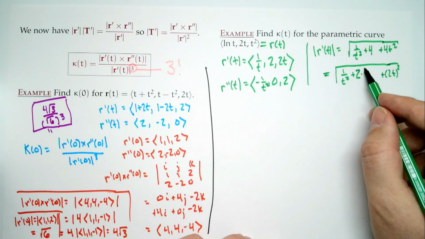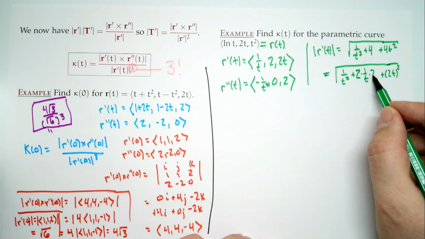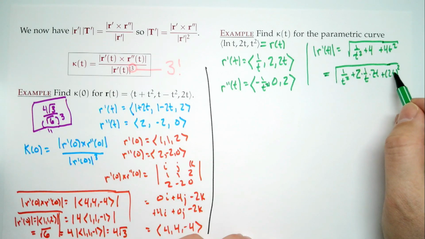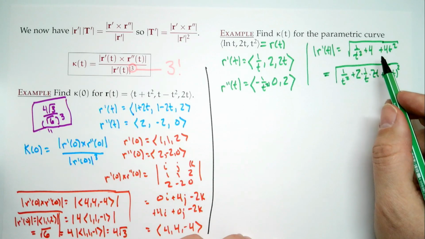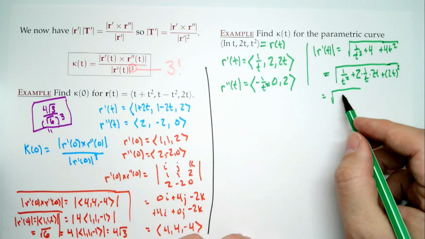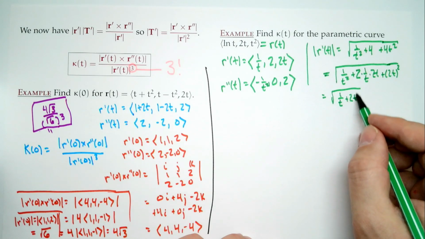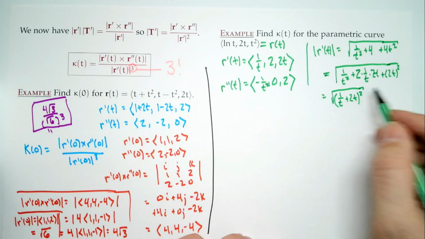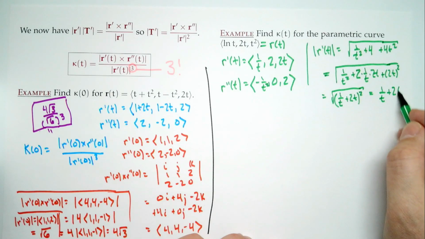So here it'd be 1 over t, because I'm thinking this as 1 over t squared, and then 2t, because I'm thinking it as 2t quantity squared. And the question is, does 2 times 1 over t times 2t equal 4? And it does. Wow. Cool. So this really is 1 over t plus 2t quantity squared, square rooted. So it is 1 over t plus 2t. Good.